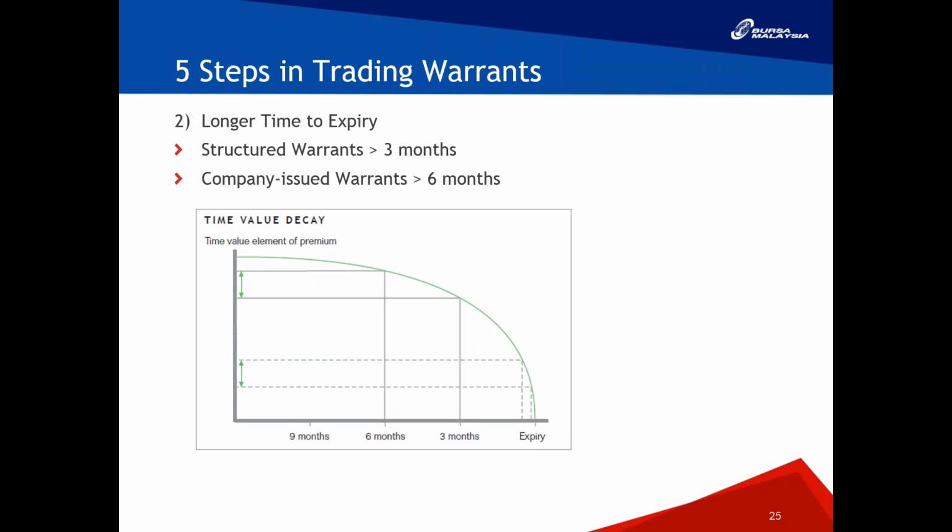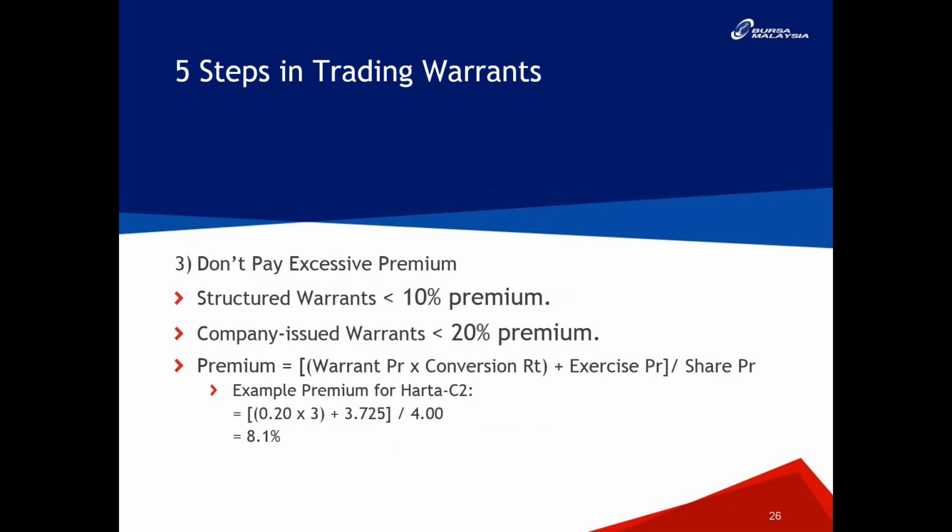In the first half of the tenor of the warrant, the loss in time value is about 1/3. In the second half of the tenor of this warrant, the loss in time value premium will be 2/3. And the loss is especially damaging in the last 1 month of the warrants. So if you can choose a call warrant that is more than 3 months to expiry, that is the first thing that you do when you choose the warrant.